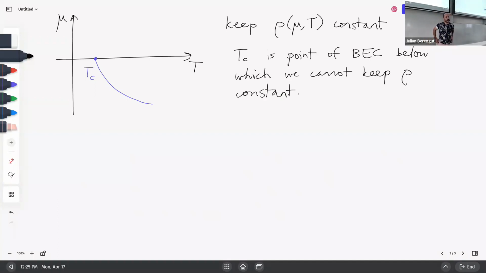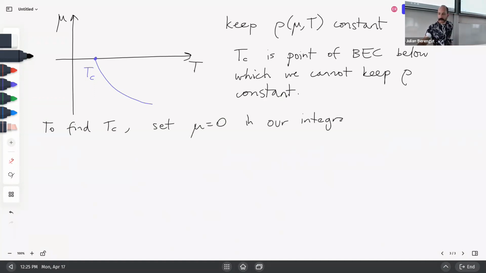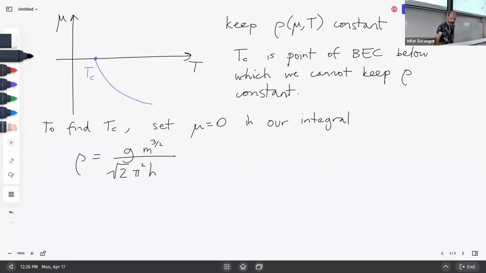All right. What is this Tc? I don't need that bracket anymore because mu equals 0.